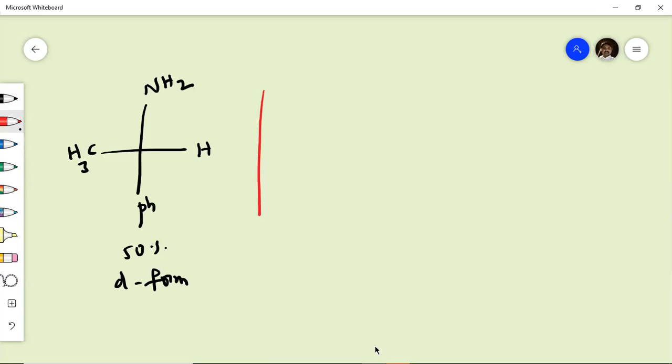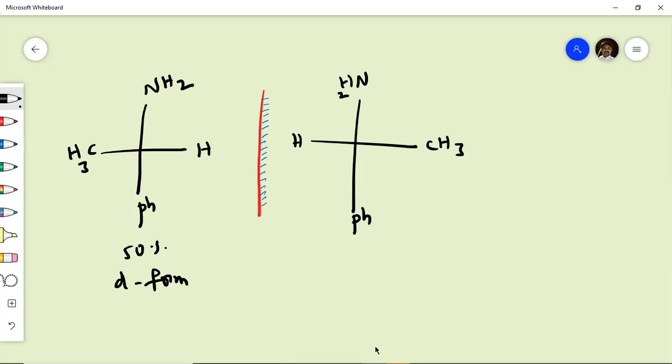Another one, we will keep it here, mirror, and another one you can write like this. This is now again 50%, which is called the L form.